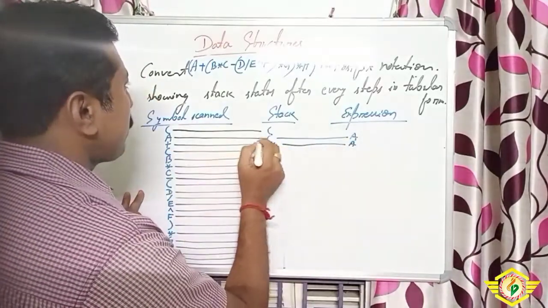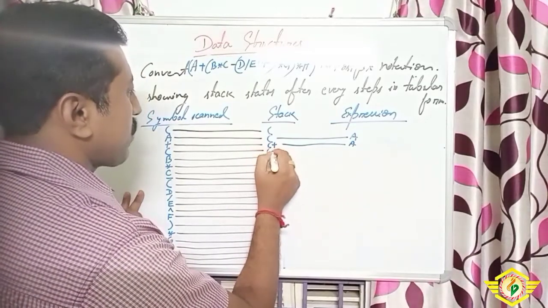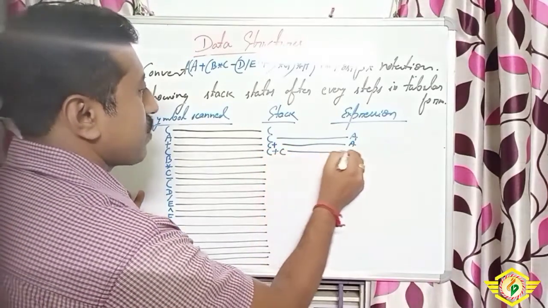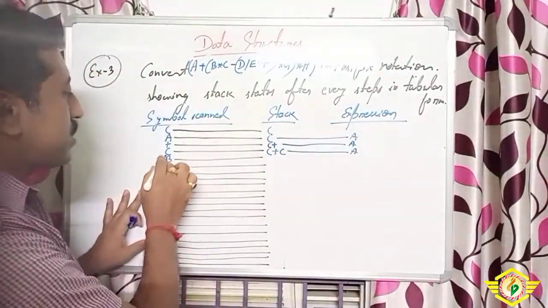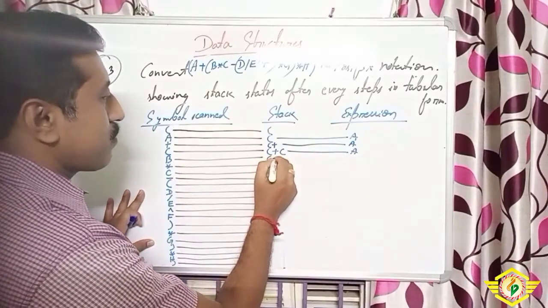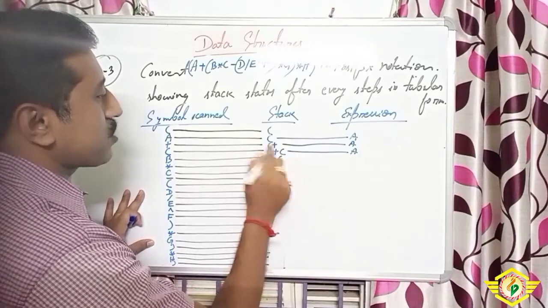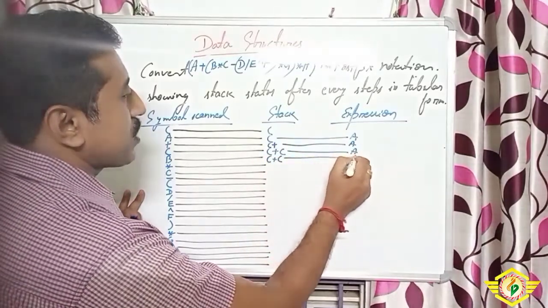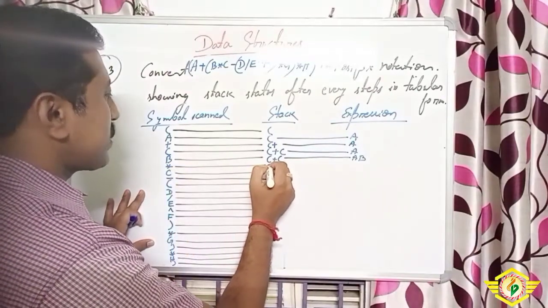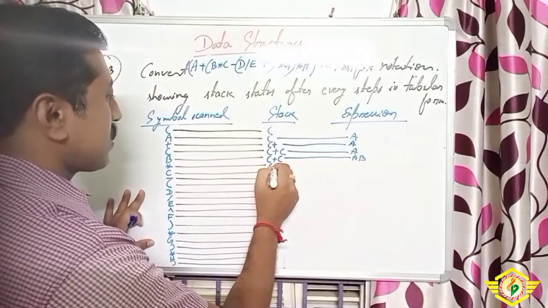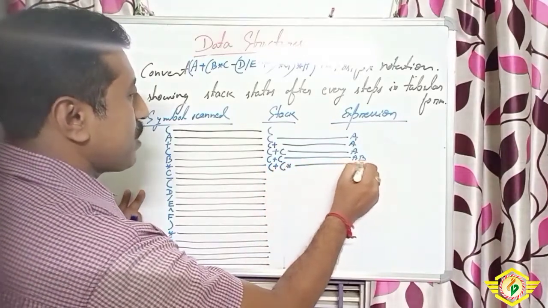Then again a bracket came, one more bracket, so it will be like that, A. Then after that B is coming, so we'll write bracket plus bracket, then nothing will be there because operators will be written here, so it will be A and B. Next is the into sign, so it will be plus, then into, just like AB.